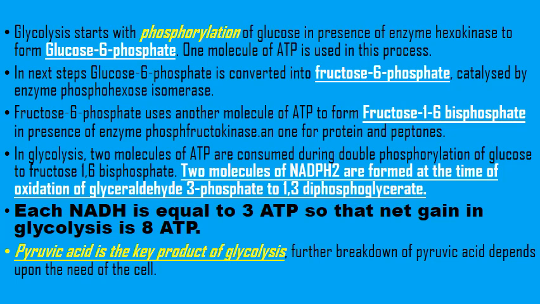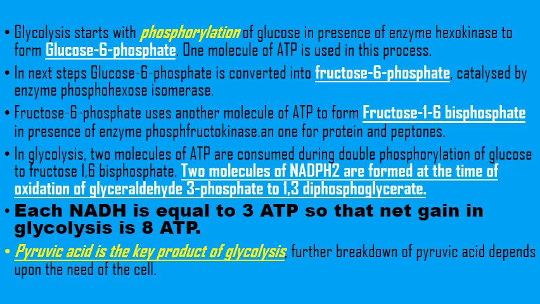Glycolysis starts with phosphorylation of glucose in presence of enzyme hexokinase to form glucose 6-phosphate. One molecule of ATP is used in this process. In the next step, glucose 6-phosphate is converted into fructose 6-phosphate catalyzed by enzyme phosphohexose isomerase.